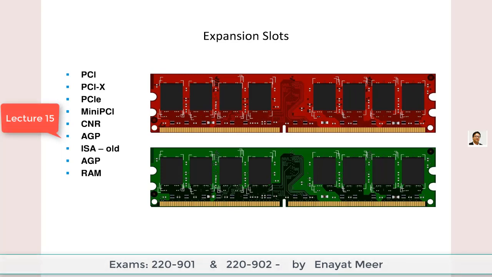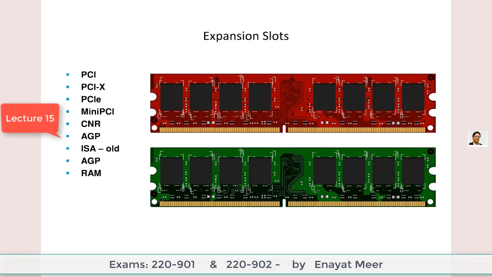Okay, let's talk about memory expansion slots, where we can add memory, where we can add expansion cards. So PCI is Peripheral Component Interconnect. Then we had a PCI Express or PCI-X, Mini PCI. Then we have a CNR. CNR stands for Communication Network Riser card.